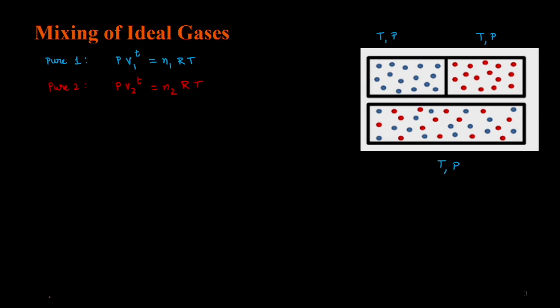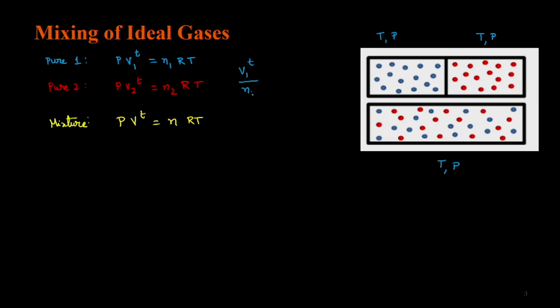So now after I mix, all I have is a mixture, right? And for the mixture, PVt is N times RT. Right? Because the temperature and pressure are same and both gases are ideal.